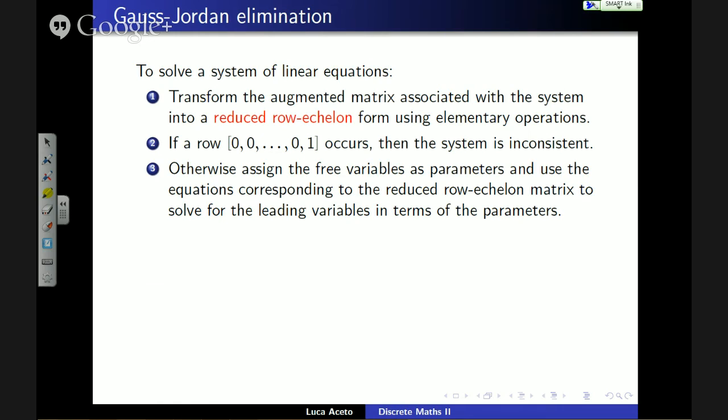Now you have a choice. Do you have one solution or infinitely many solutions? There's nothing in between. How do you determine whether your system has infinitely many solutions or one solution? You look at the number of leading ones. If the number of leading ones is equal to the number of variables, then there is only one solution. If the number of leading ones is smaller than the number of variables, like in the example that we looked at before, then you know you have free variables.